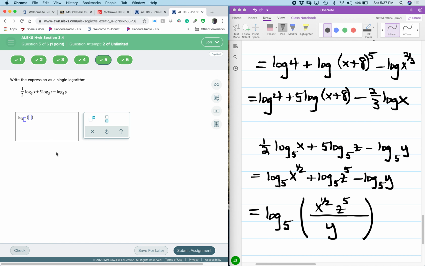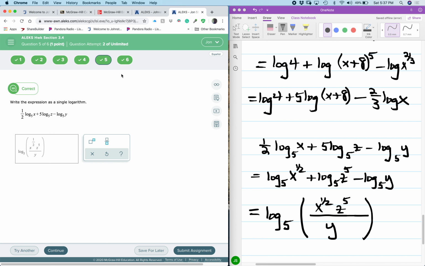So in this case, we have the base 5 logarithm of x to the 1/2 times z to the 5th, all over y, and checking out, the result is correct.